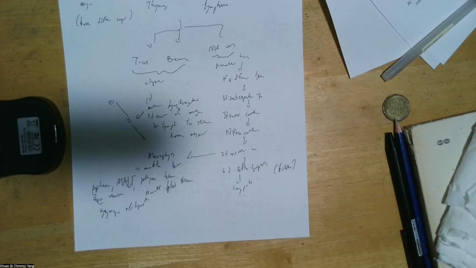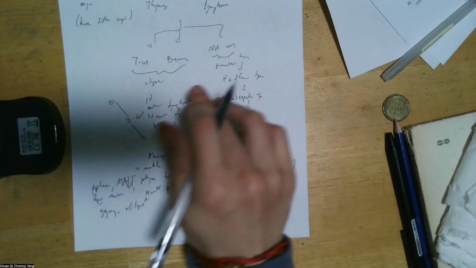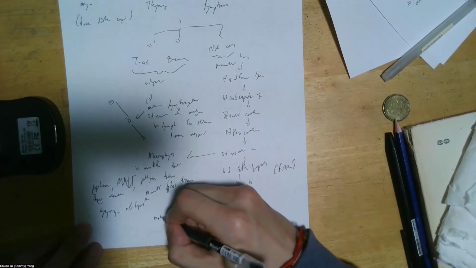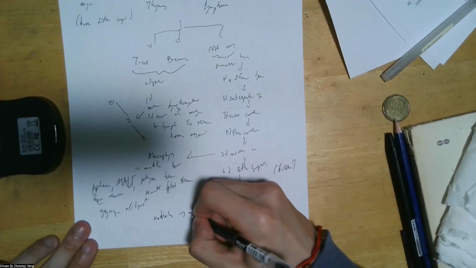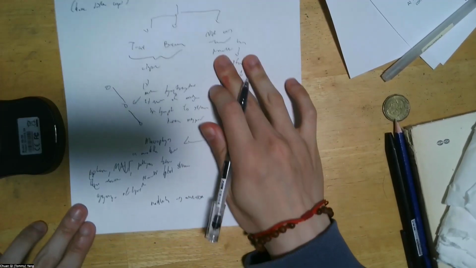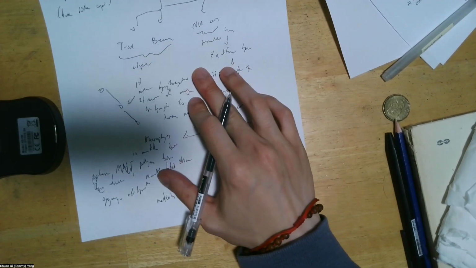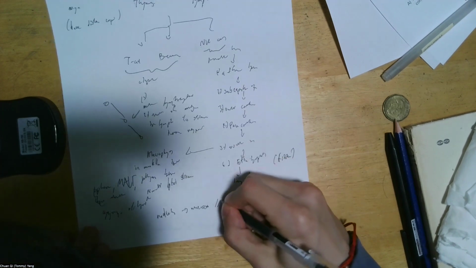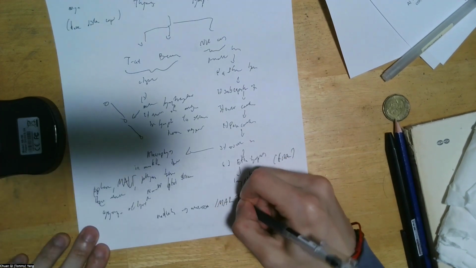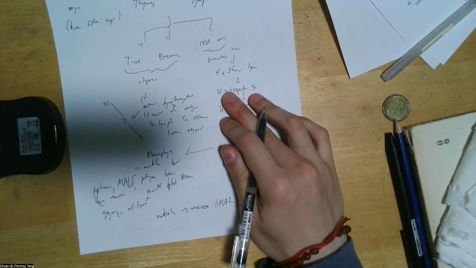Lymphoid nodules are regions of lymphoid tissue generally associated with mucosa, for one. And they're also called MALT, which is mucosa-associated lymphoid tissue.